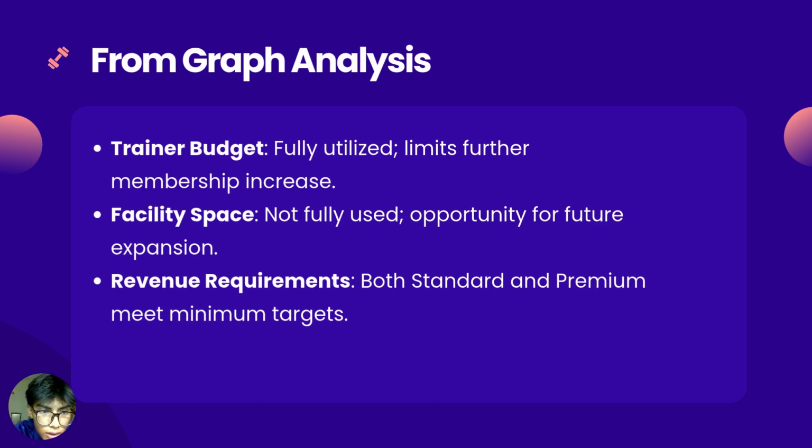Alright, so from our graph analysis, we can know that our trainer budget is fully utilized, which limits further membership increase, while our facility space is not fully used. So this is indicating a potential for future growth. And the last one is both revenue constraints are satisfied, ensuring financial viability.